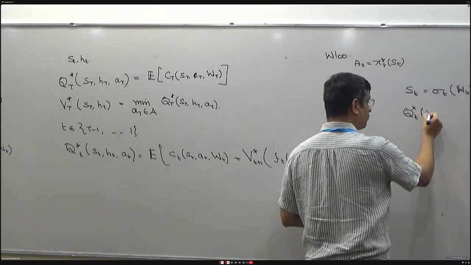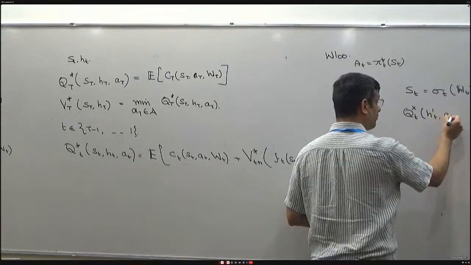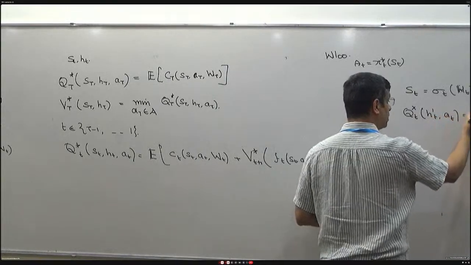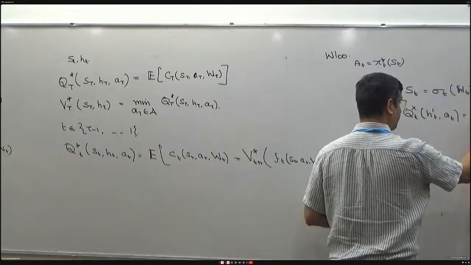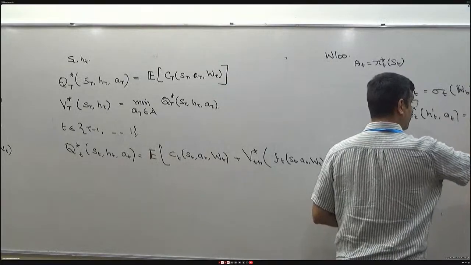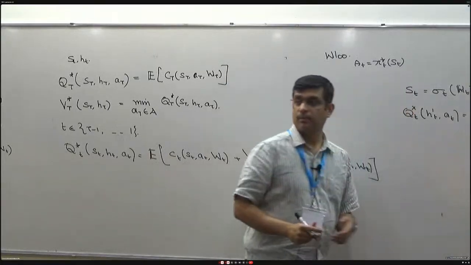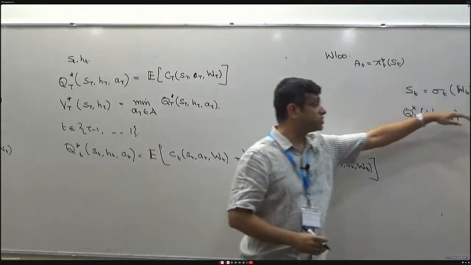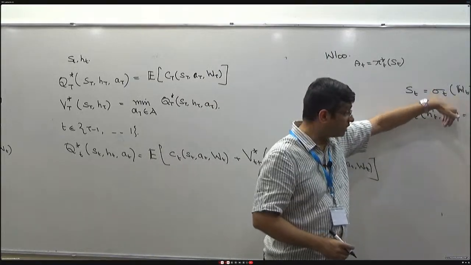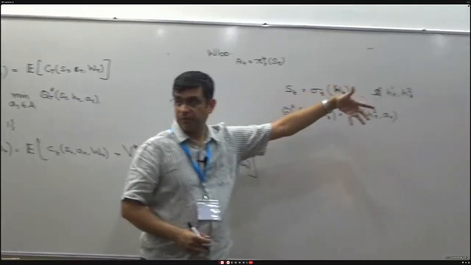If I was just doing the original problem, this should have been the case. So this is a compression of the history such that my Q functions will be equal, and that's going to be my proof methodology.